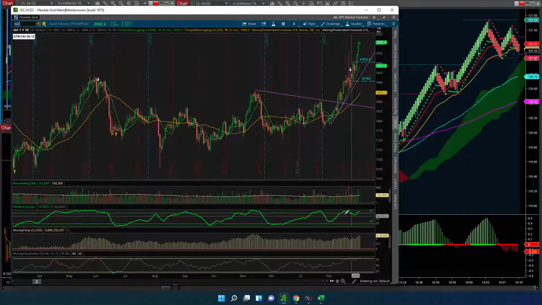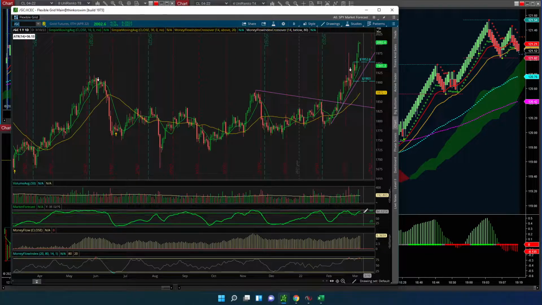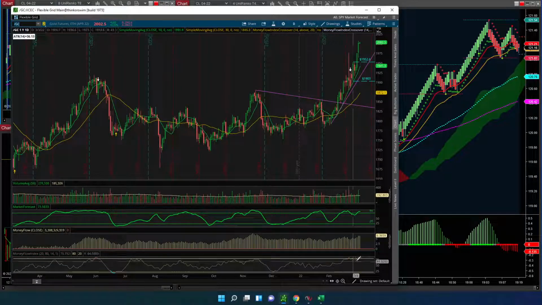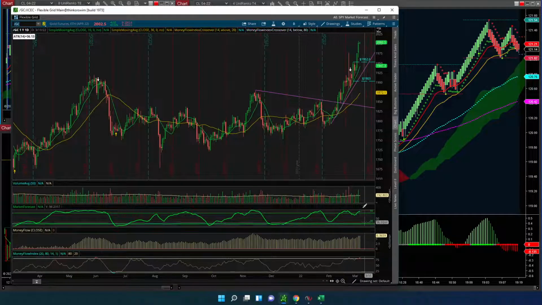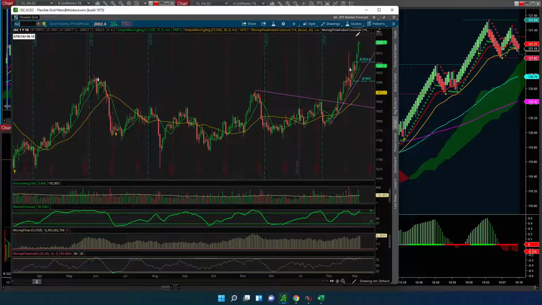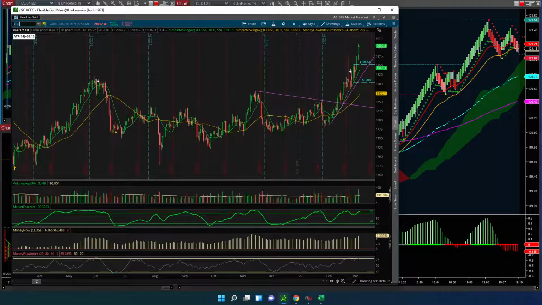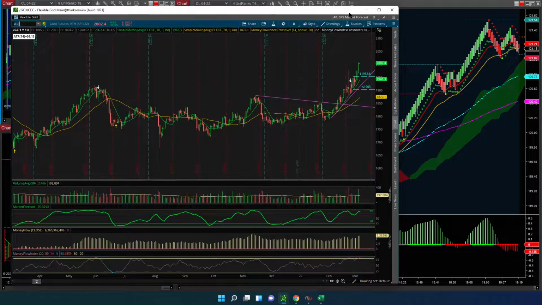This one is an intermediate one, and it's above 80, so it's bullish. We also have the money flow indicator right here on the upper side. Nice volume. Gold moved really nicely to the upside today. So I'm still bullish on this one.